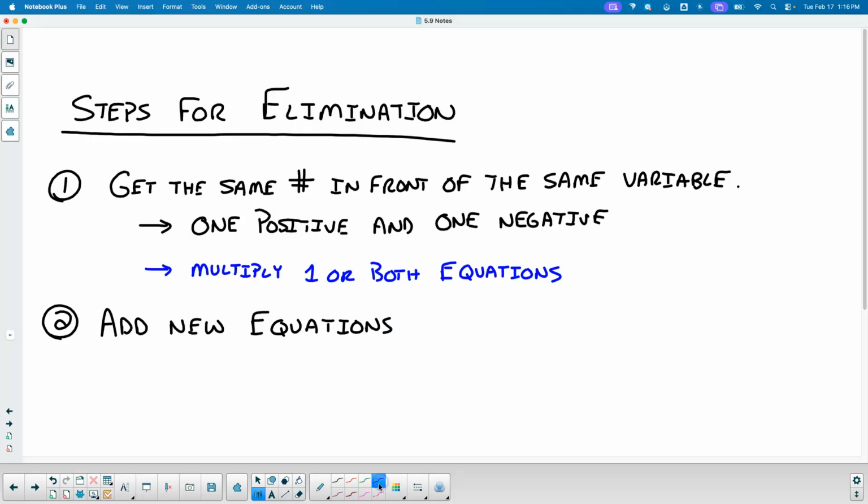By doing that, we should get a 1 variable outcome. After you add them together, you should have a new equation with just 1 variable. It should be something x equals a number or something y equals a number, or whatever variables you're using at that time.